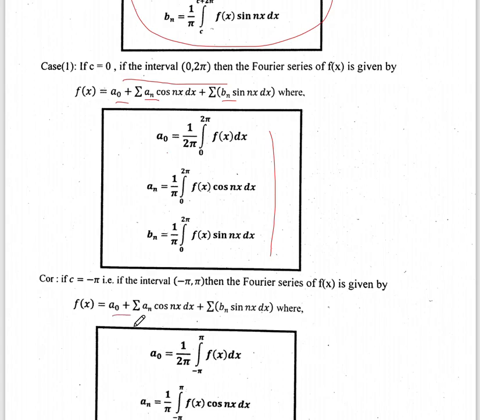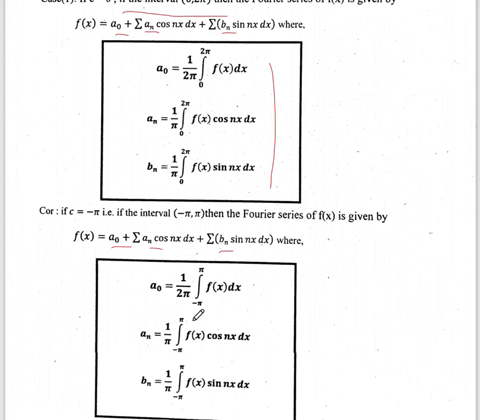Where a0, an and bn are given in this way: a0 = 1/(2π) integral from −π to π f(x) dx, an = 1/π integral from −π to π f(x) cos nx dx, and bn = 1/π integral from −π to π f(x) sin nx dx. So these are the Fourier coefficients when the interval given is −π to π.